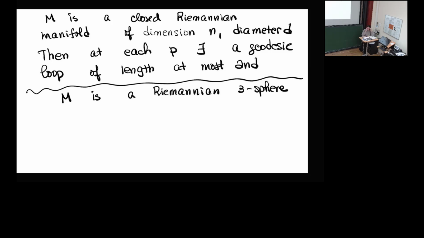But I think it's going to be very easy to see that the same procedure can be done for an arbitrary closed Riemannian manifold. Okay, it's just to save time. So the proof is going to be by pseudo extension.